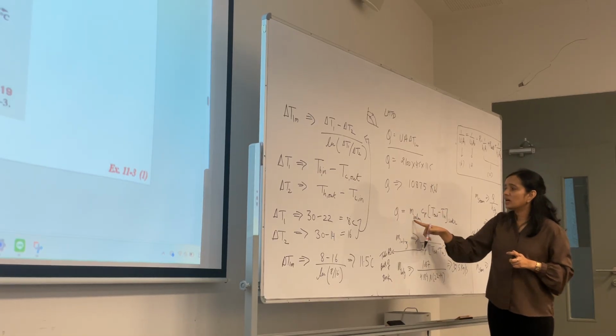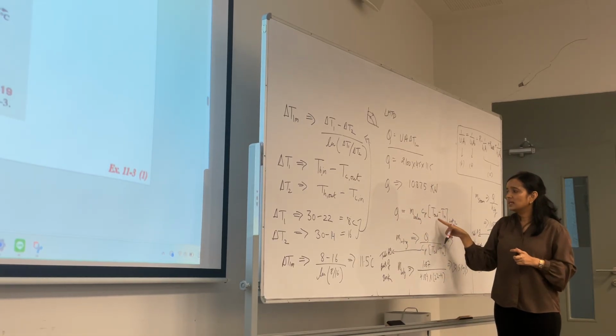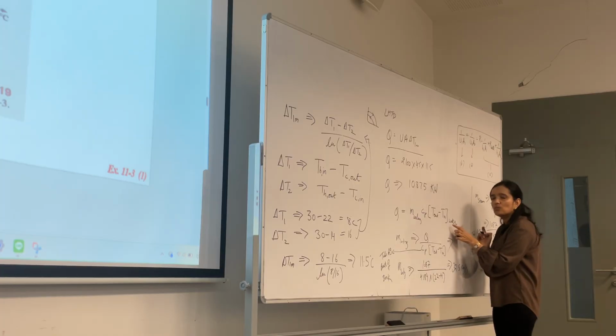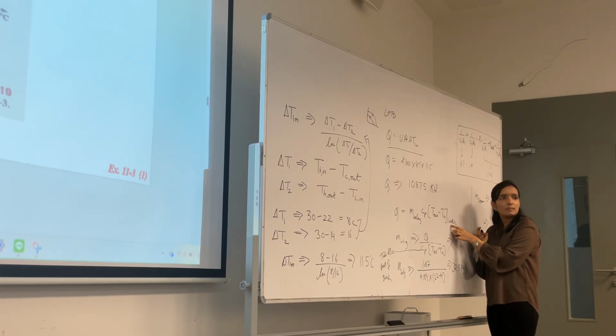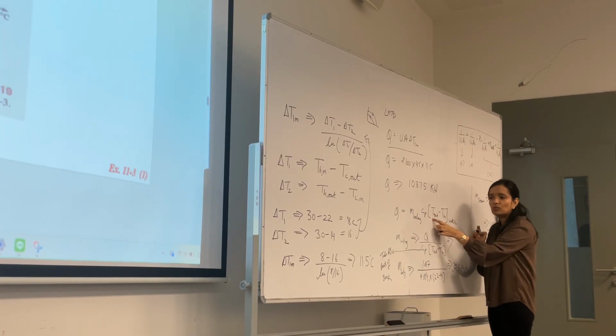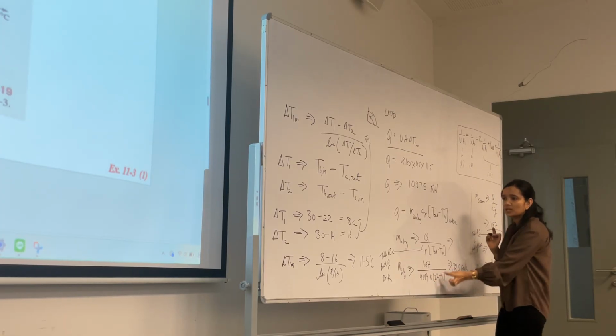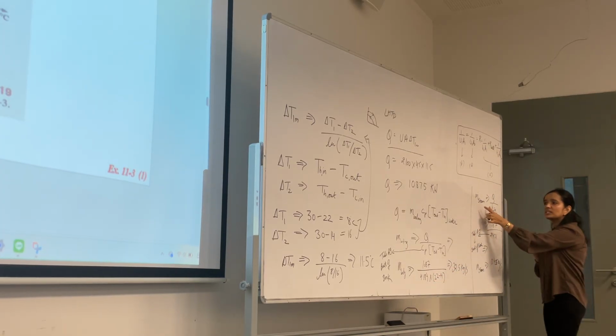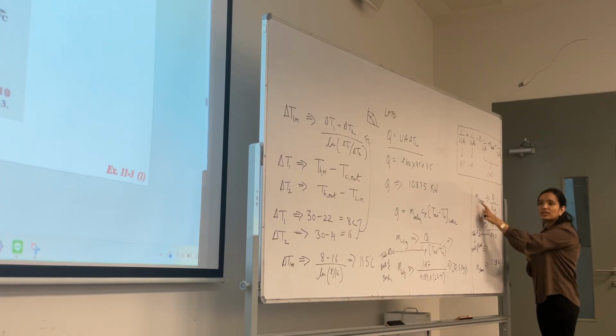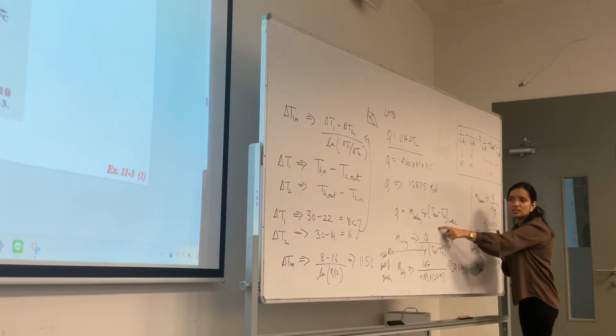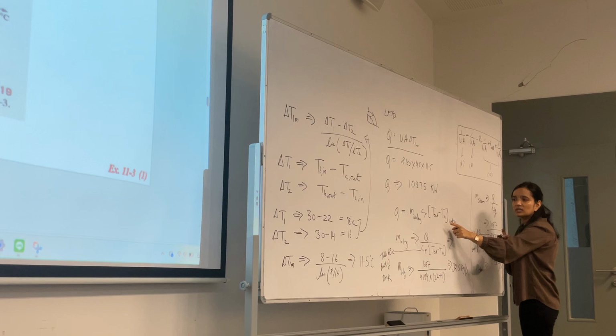Q is also equal to mass flow rate, specific heat, T out minus T in, for the water only, because they are asking mass flow rate for the water. So T out, T in just for the water, this 22 minus 40. Then they are asking mass flow rate of the steam. It's a steam, there is a phase change, you no longer can use this. If it was water, second pipe also water, then you could have used this.